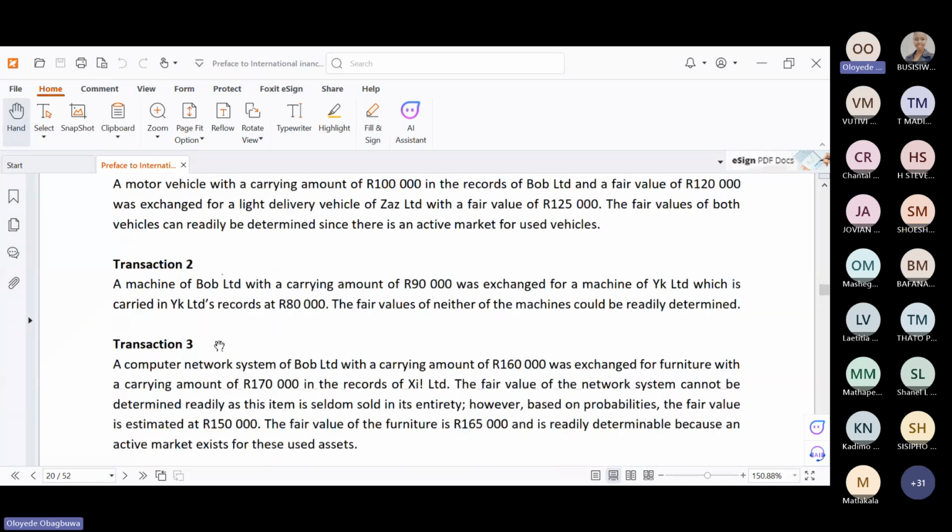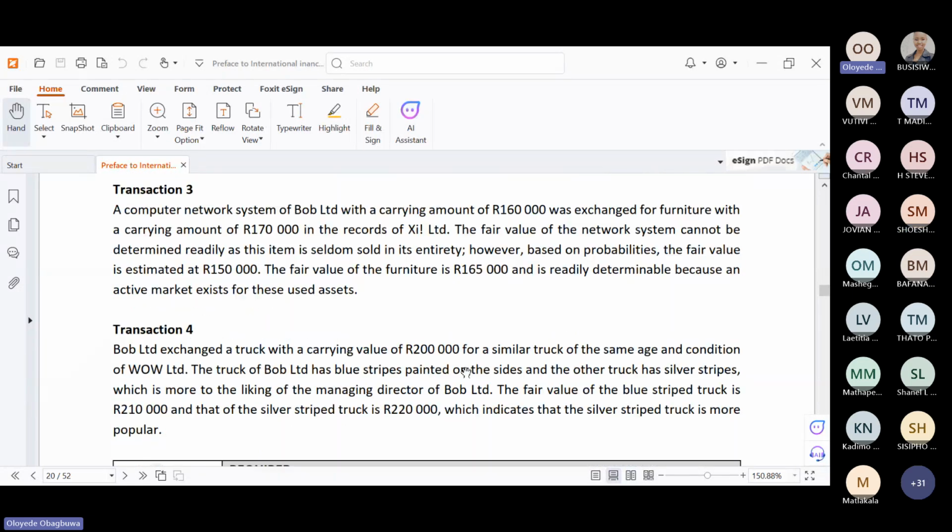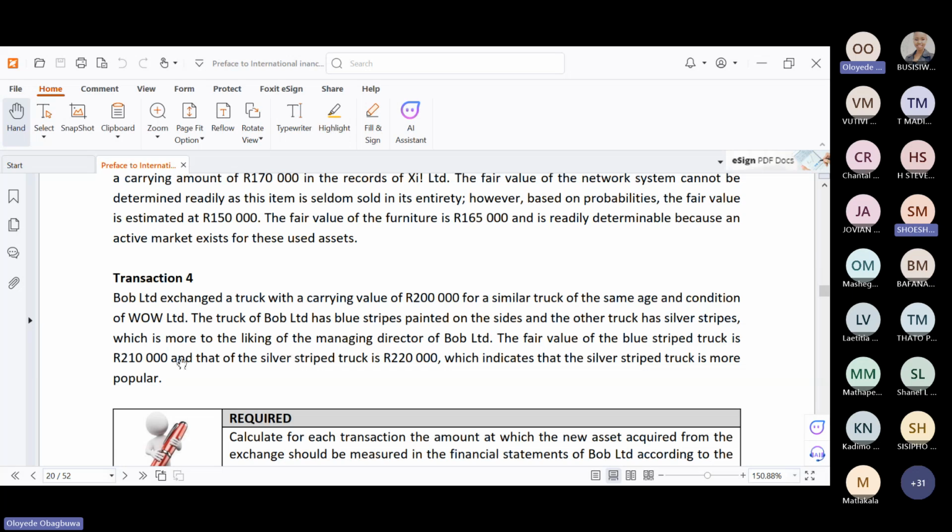Now they told us the fair value of this truck is this, and the fair value of the other is this. But it couldn't satisfy the issue of lacking commercial substance, which means the truck will be measured at carrying value. Is that clear?